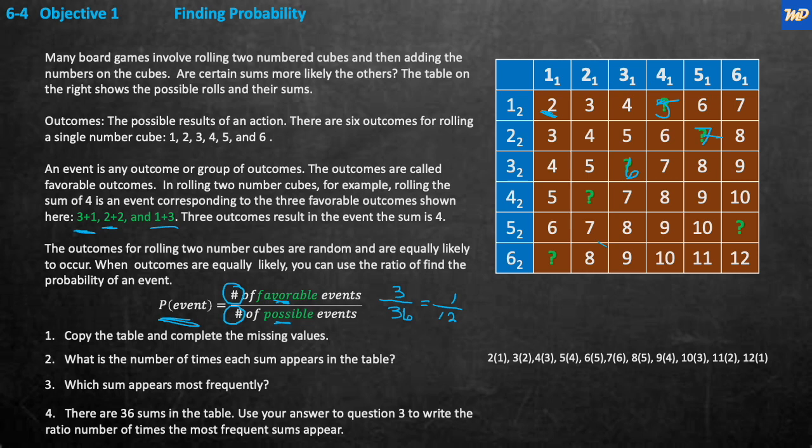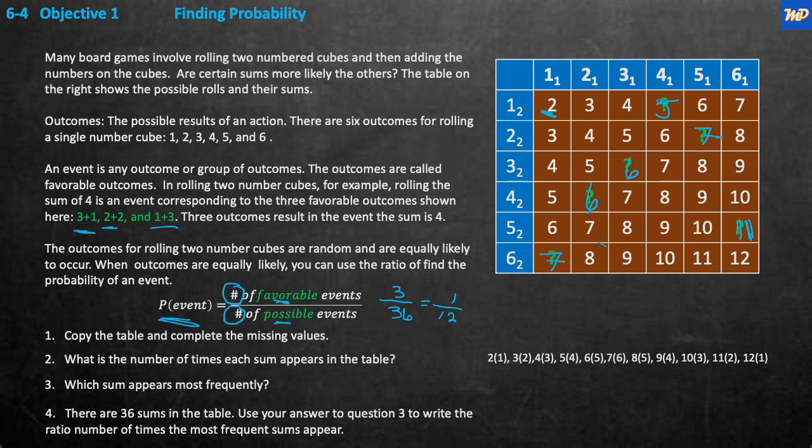In this row, we're looking for cube 1 to have a 2, and cube 2 to have a 4. 2 and 4 make 6, so here's another 6. Over here, we want cube 1 to have a 6, and cube 2 to have a 5, which would give us an 11. And in the last row, we want cube 1 to have a 1 and cube 2 to have a 6, and that'll give us a 7.